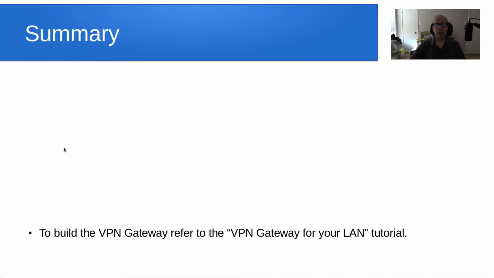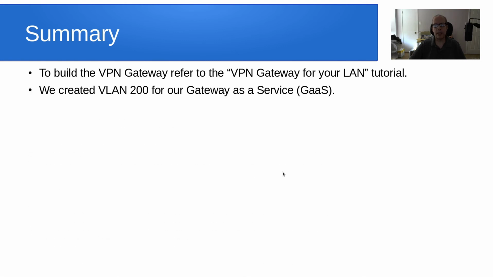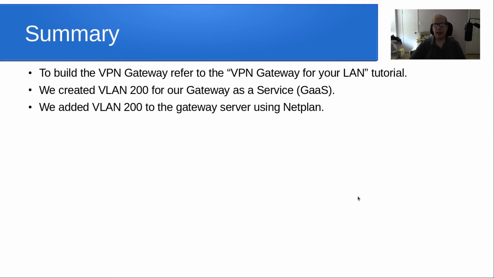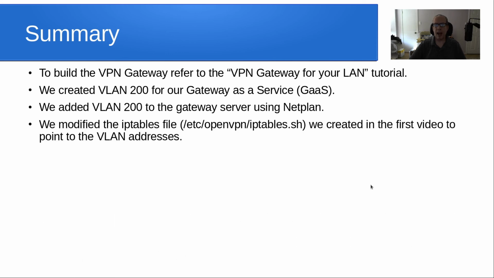So in summary, to build the VPN gateway, refer to the VPN gateway for your LAN tutorial that I did a couple of weeks ago. We created VLAN 200 for our gateway as a service in this video, and we added VLAN 200 to the gateway server using the Netplan command. We modified the iptables file we created in the first video to point to the new VLAN addresses.